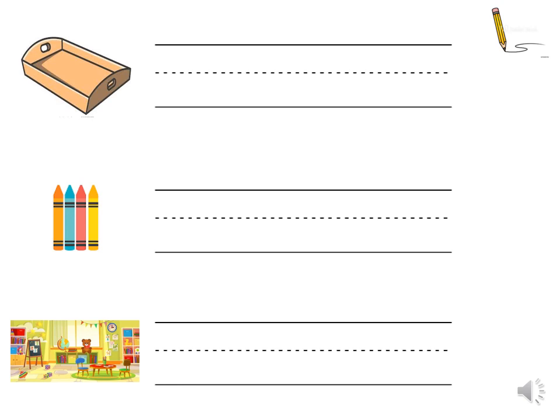P-L-A-R-U-M. Playroom. And on our phoneme fingers, P-L-A-R-U-M. Playroom. Can you write it down? I wonder if you can spot both digraphs in this word when you add your sound buttons.